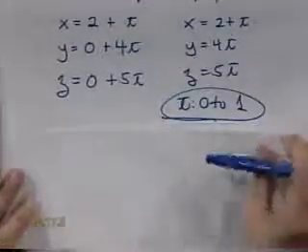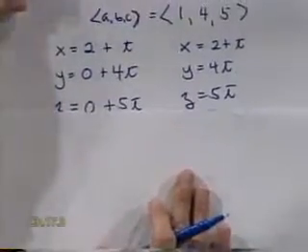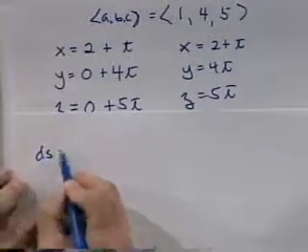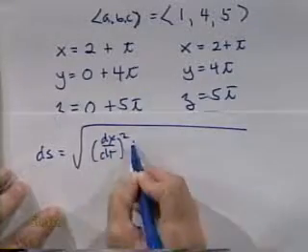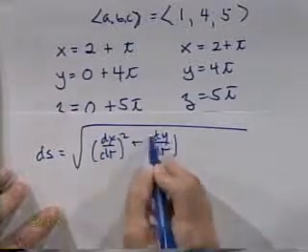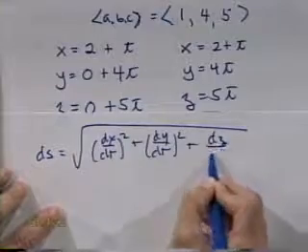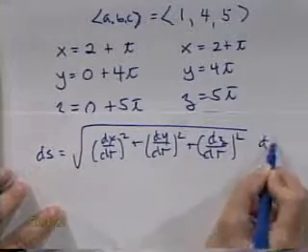The next thing that we have to do is just find out what ds is. Notice ds is the square root of (dx/dt) squared plus (dy/dt) squared plus (dz/dt) squared, dt.